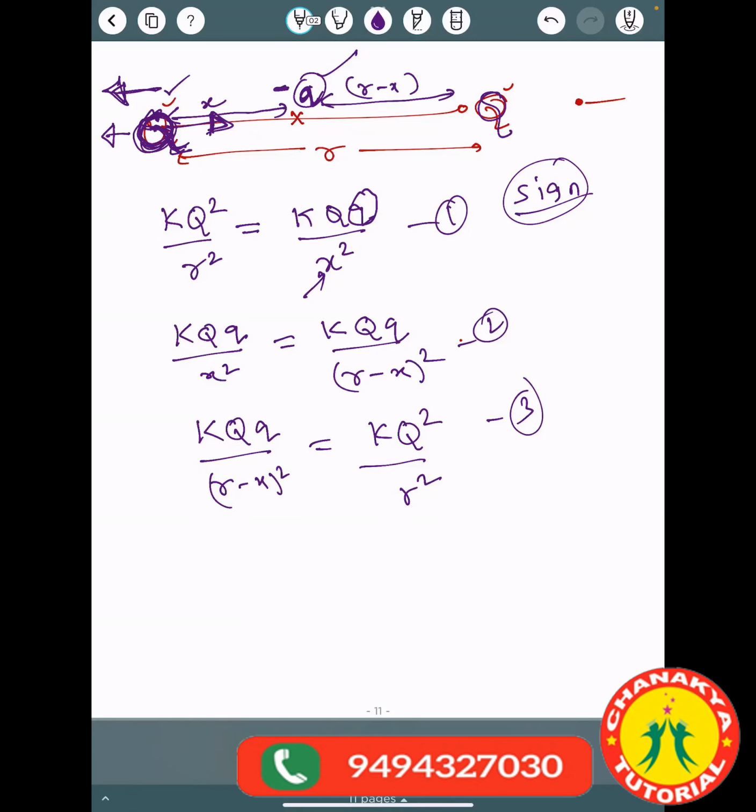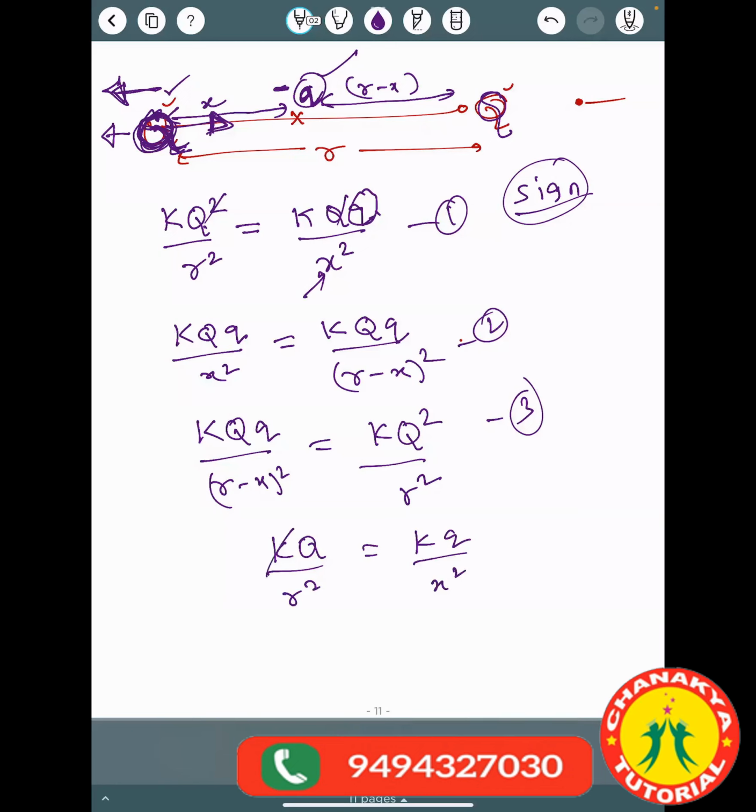Will you be able to solve it now? So I have to equate kQ by x square is equal to kQ by (r minus x) squared and solve it. Yeah, you solve it, you'll get it. Get x, and then put it in one of the equations where only small q is coming in terms of capital Q. From the first equation, can I write it as kQ by r square is equal to kq by x square?